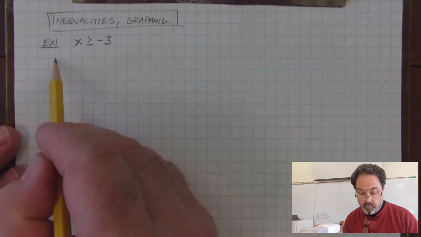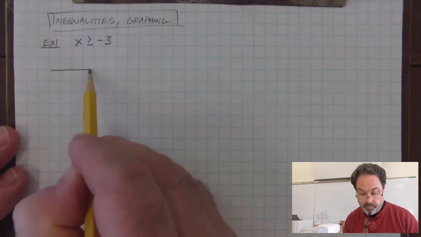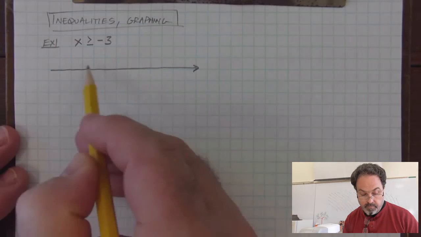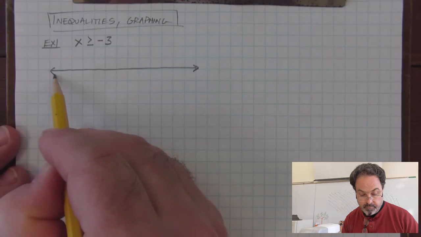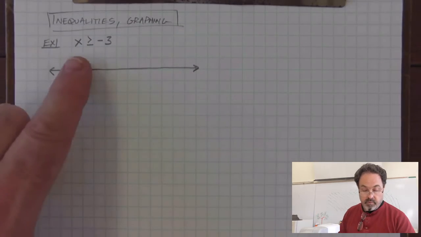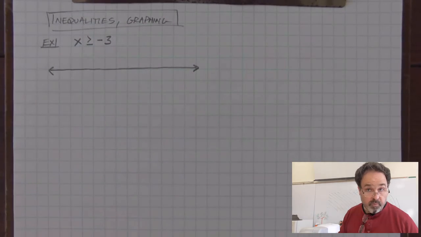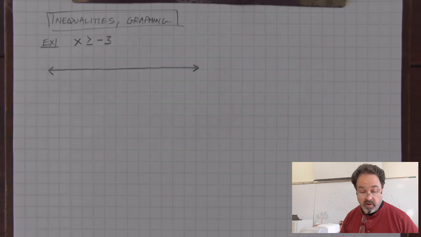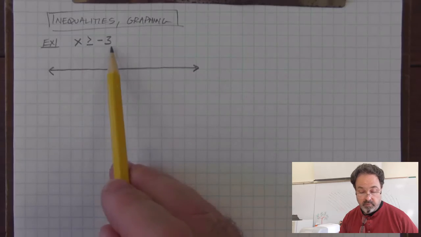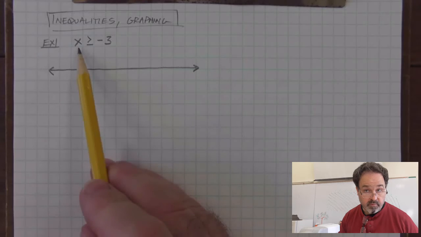Well, let's draw a number line. This variable is solved for, meaning it's on one side of the comparison, alone and positive.